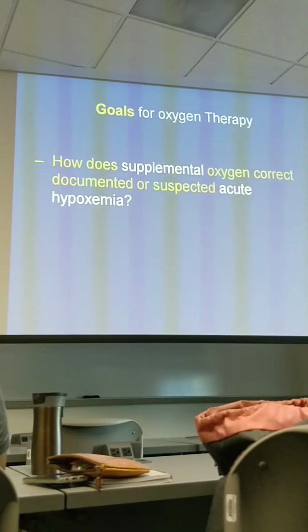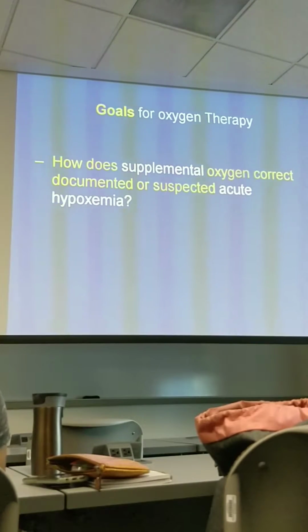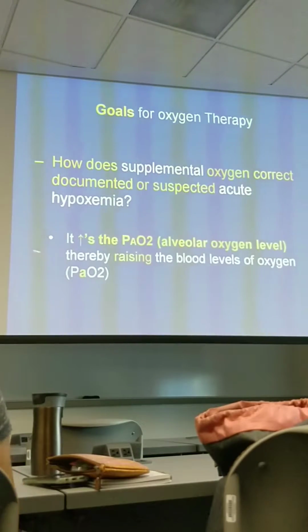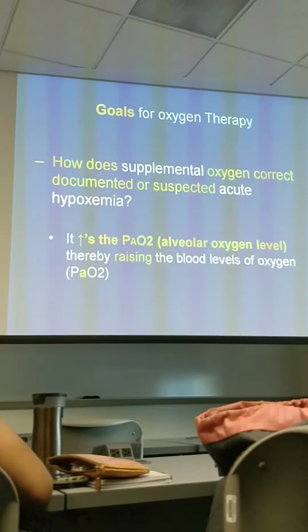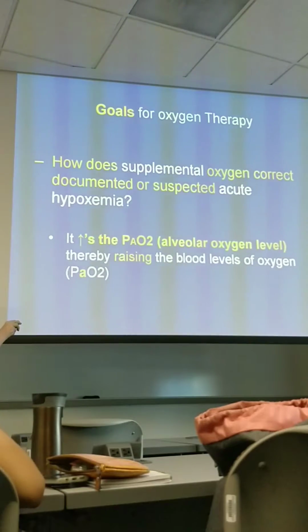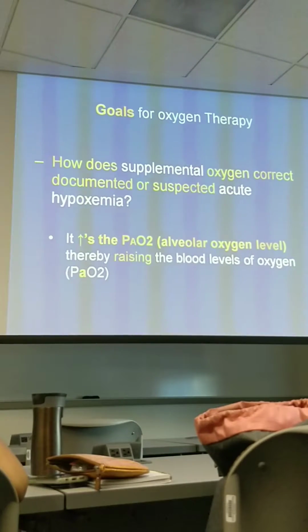Right? So it corrects documented hypoxemia by doing what? By increasing the alveolar. You have to watch this. Big A is alveolar, little a is arterial. So it increases the alveolar PO2 and eventually raises the oxygen of the artery.